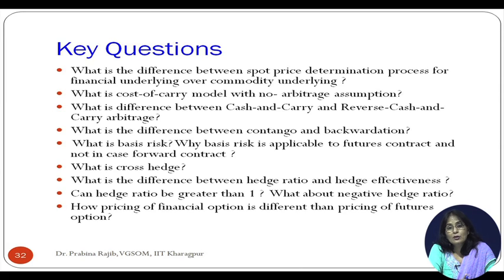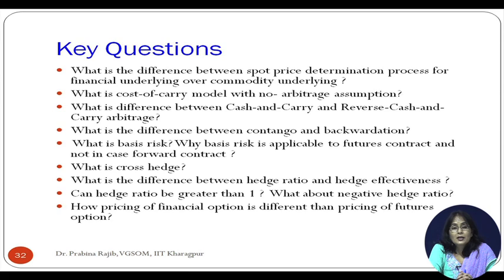We have futures and options on financial underlying like stocks, bonds and indices like Sensex and Nifty, and we also have futures on single stocks like ITC, LNT, etc. And we have commodity futures. So what is the difference between the spot price determination process for the financial underlying over commodity underlying? Well, if there is a difference, does it have any bearing on the calculation of the futures price? So that is the first key takeaway.